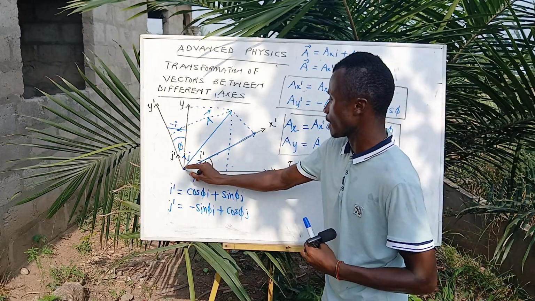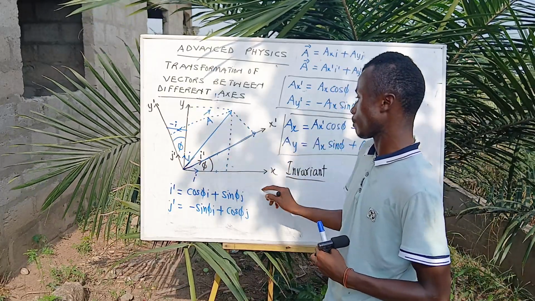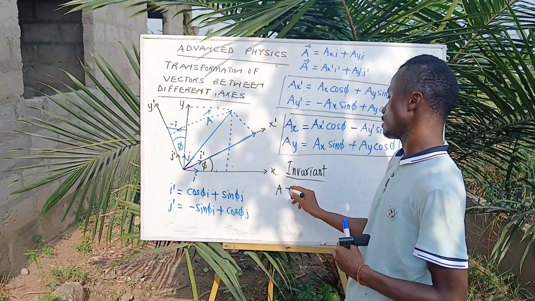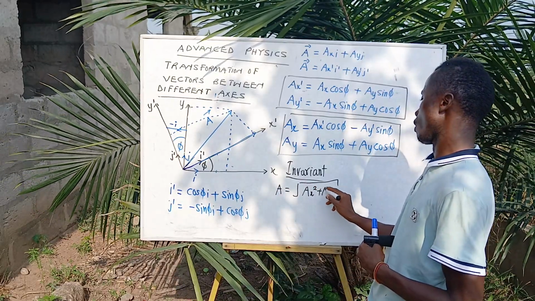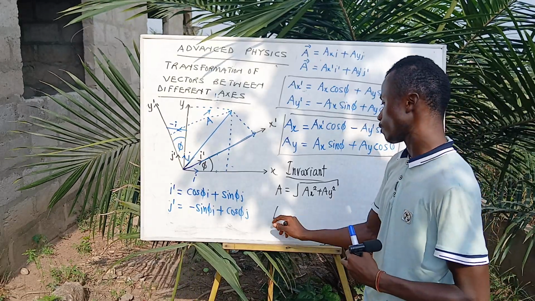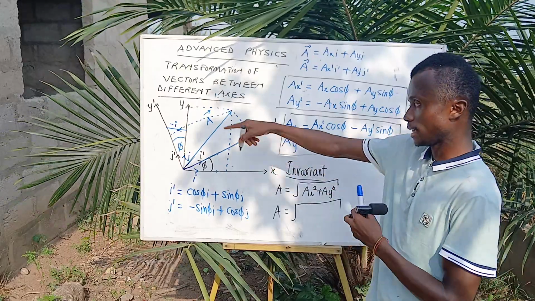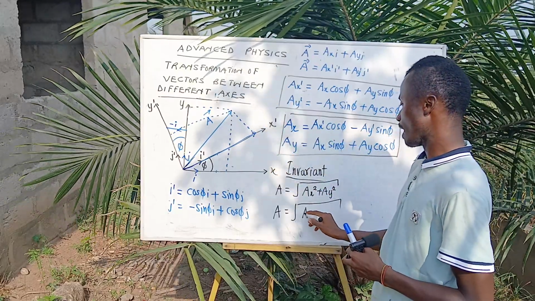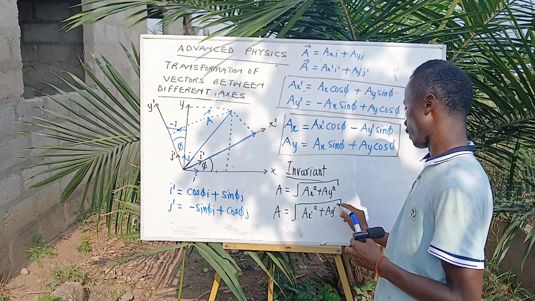The length of this vector A in the xy plane, the length of A, is the square root of ax squared plus ay squared. The same length of A with a newly chosen axis, ax prime and then ay prime, we would have ax prime squared plus ay prime squared.